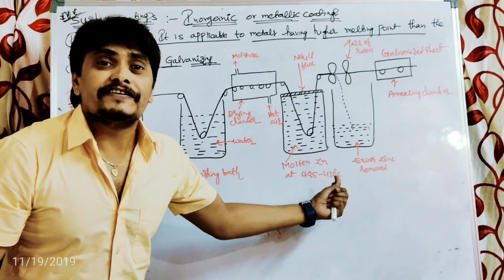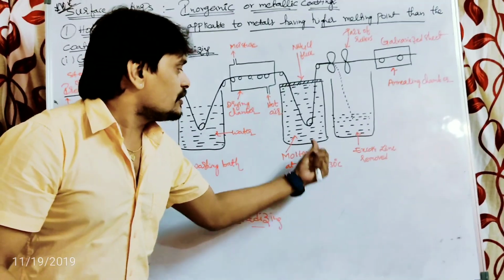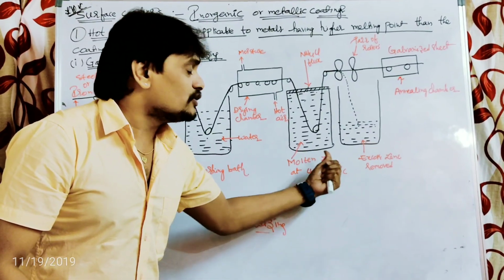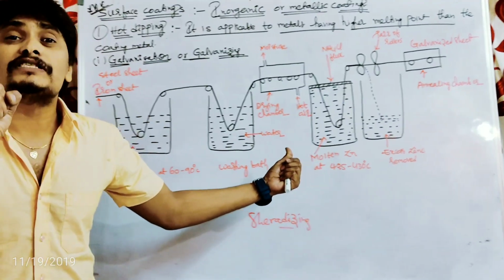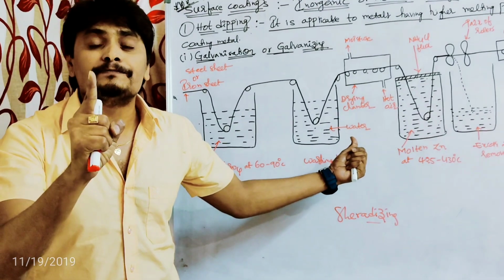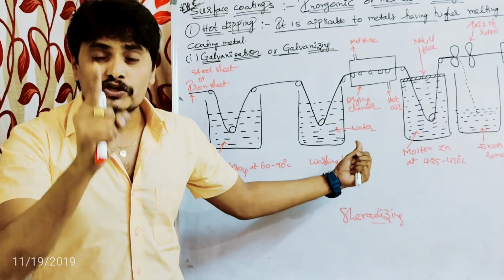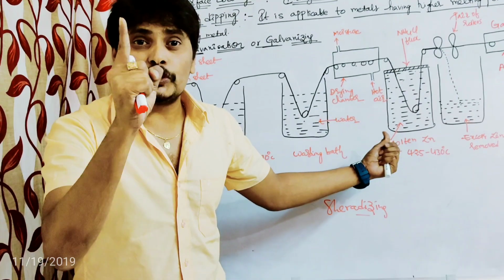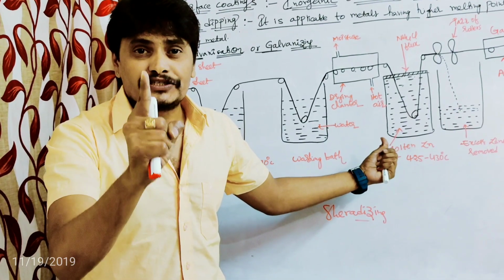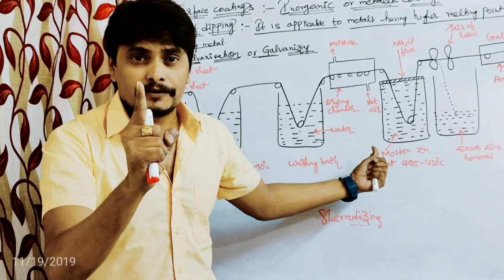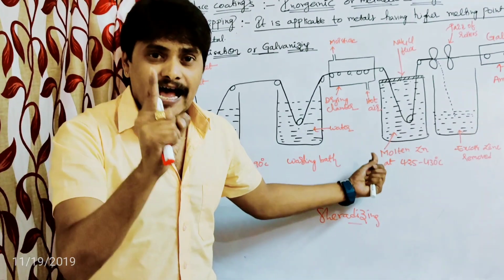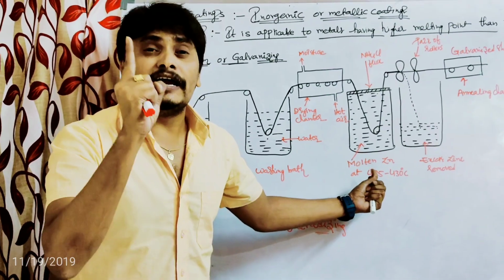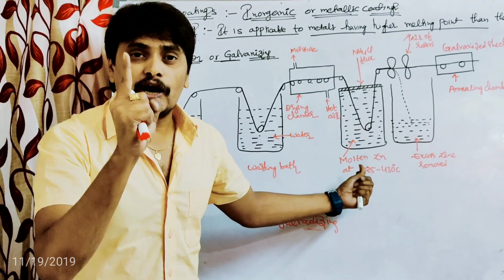This hot molten zinc is more susceptible to oxidation, because oxidation is nothing but corrosion, and corrosion is directly proportional to temperature. Since the coating metal, zinc, is associated with high temperature, definitely it will undergo oxidation.